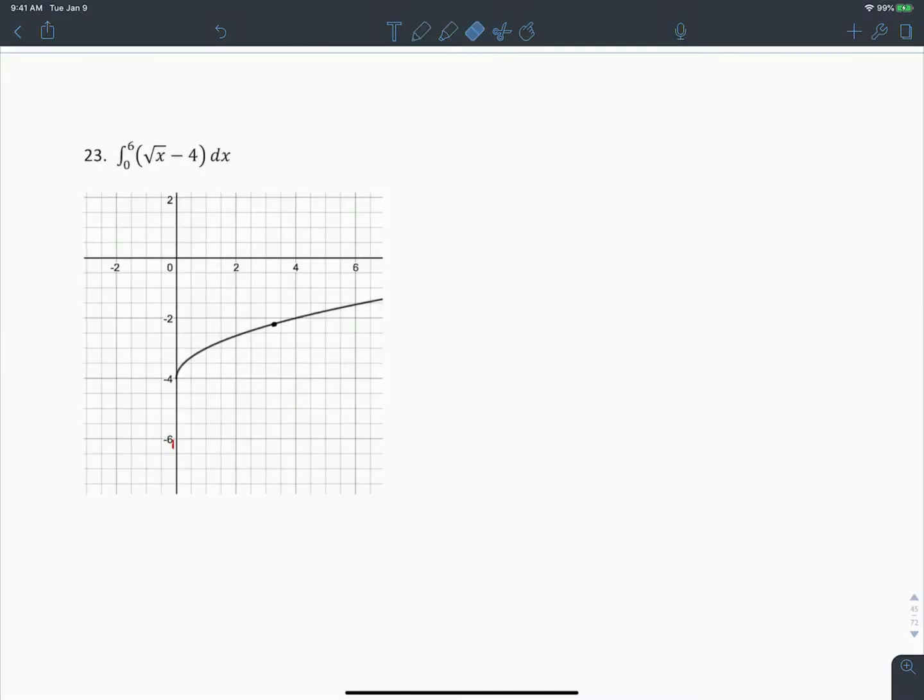So number 23, we're going to integrate from 0 to 6. So we're going to look at this vertical line for x is 0, vertical line for x is 6, and the area we're going to find is right in here.